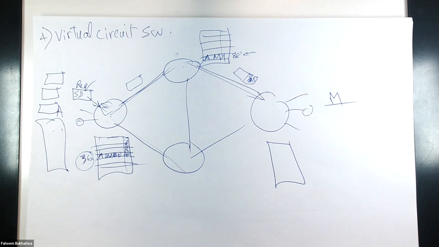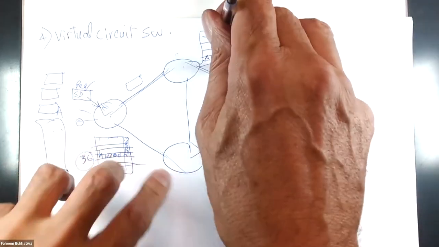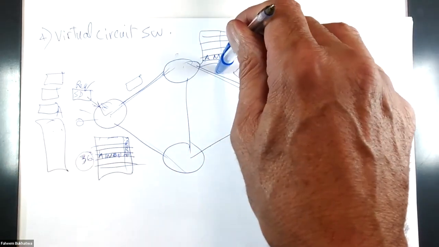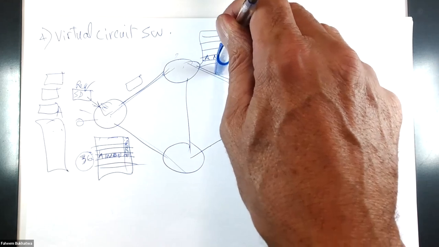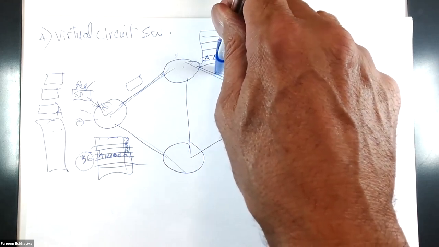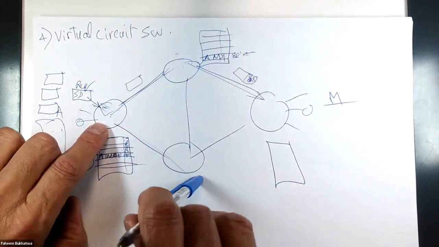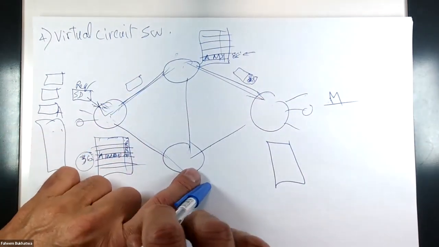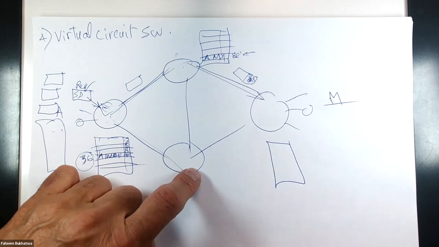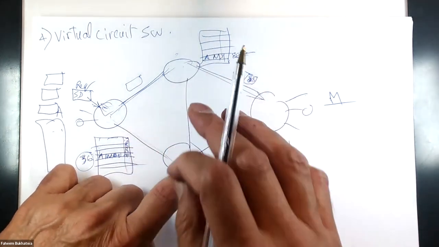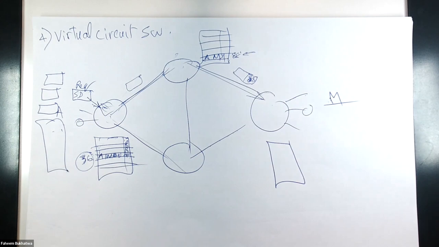If this router, for example, has 10,000 calls going through it at this moment, it'll say, I can't take you. So it can block a call; instead of sending to that router, it might say, okay, you're busy, I'll try this router. So even though these lines are shared, there is a limit on the maximum number of calls that can be accepted.